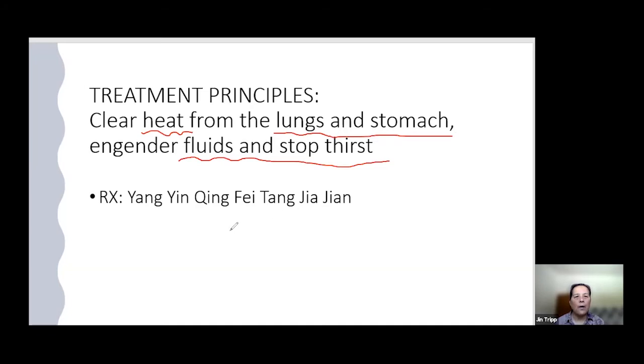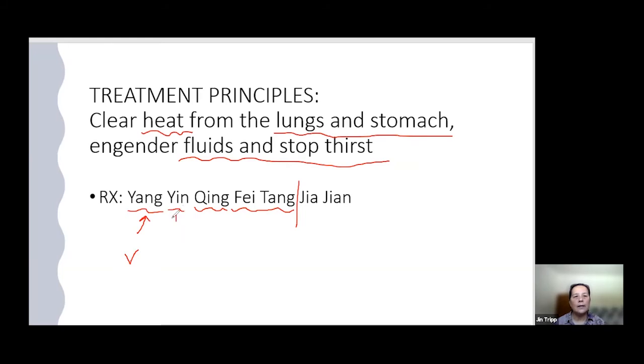So that's the formula we use. 养阴清肺汤. 养 is nourishing. It's not yang here, a different Chinese character and different tone. Yang, third tone. Yang is second tone. That's nourishing or tonifying.